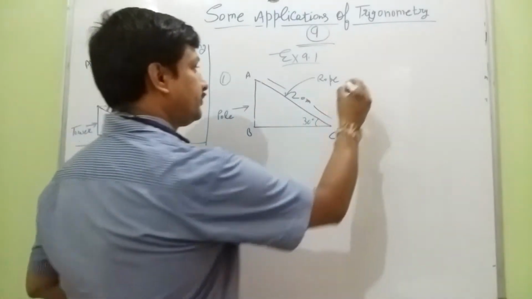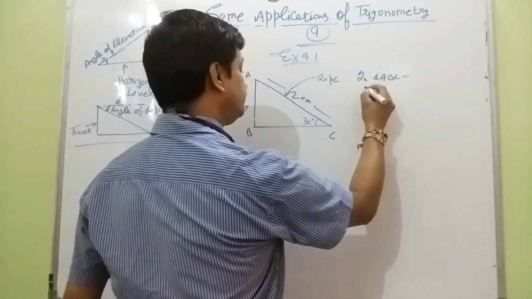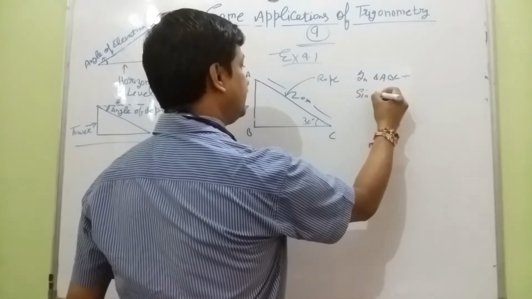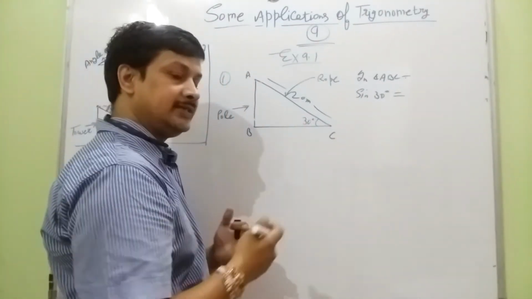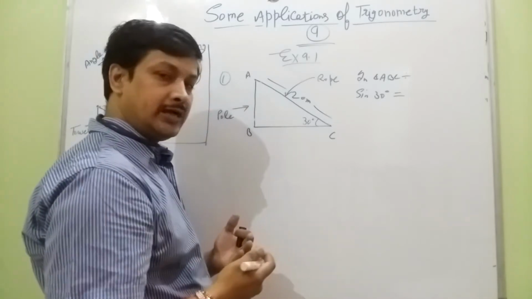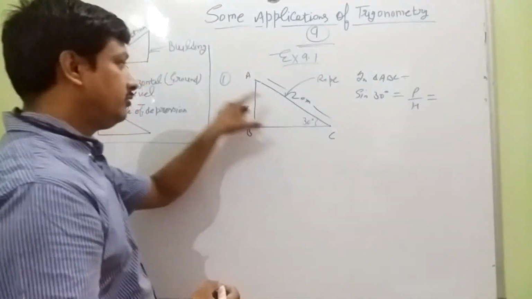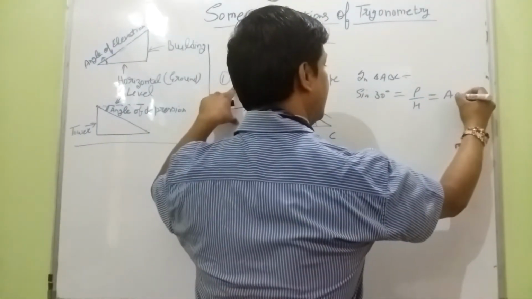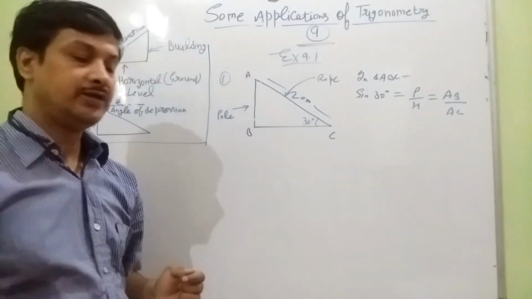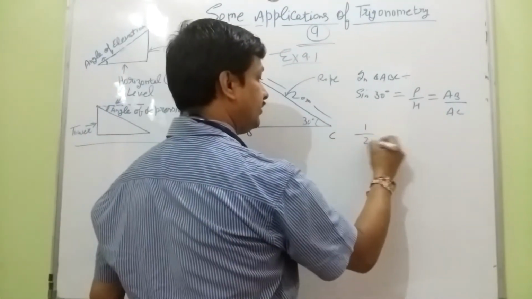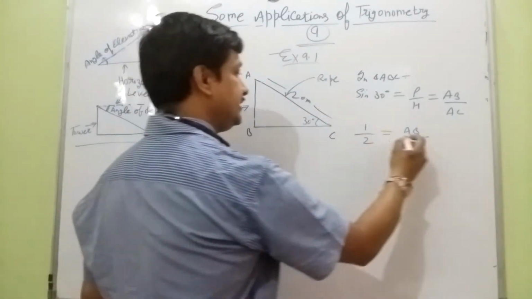So in triangle ABC, we will use sine theta. Sine theta, you know, for this angle, is perpendicular upon hypotenuse. So the perpendicular is AB this time and the hypotenuse is AC. Now put the values. You know, sine 30 degrees is 1 by 2. AB we don't know, it is required, and AC is 20.